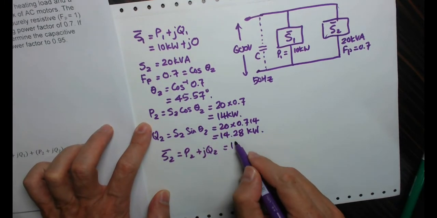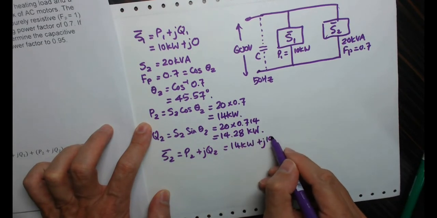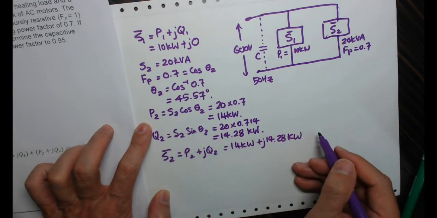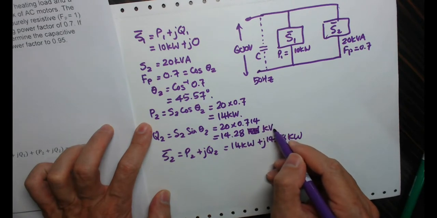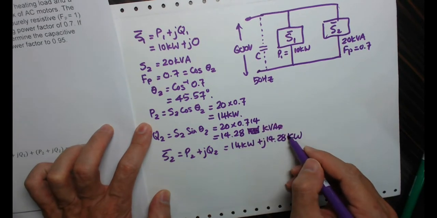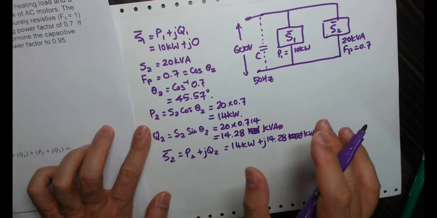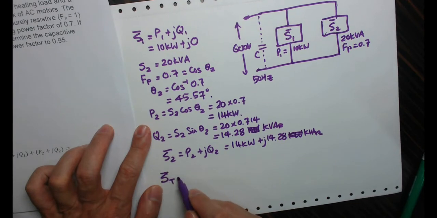That's equals to 14 kilowatt plus j14.28 kilowatt. Oh, sorry, not kilowatt. This must be kVAR.